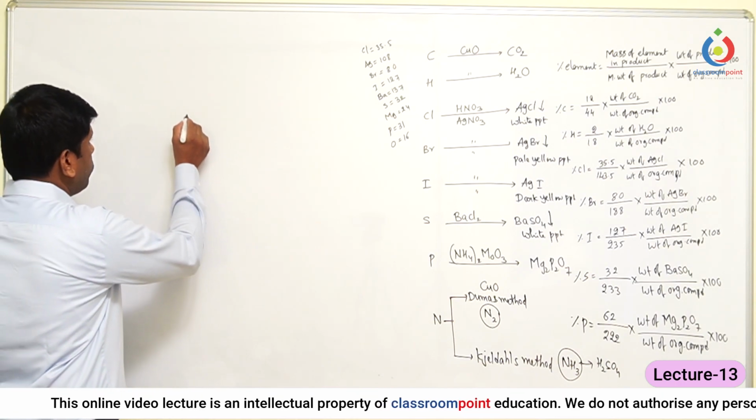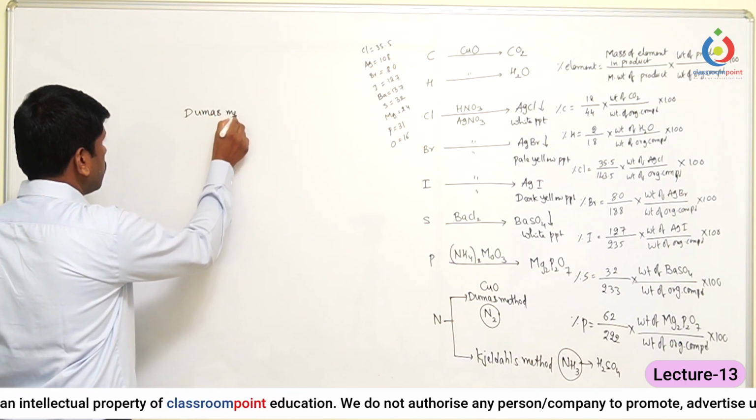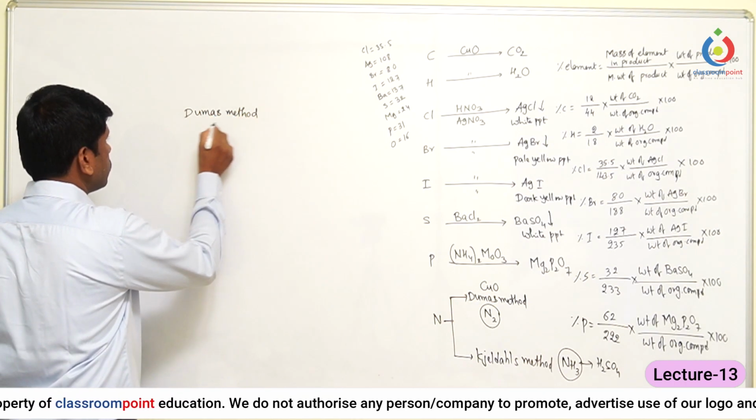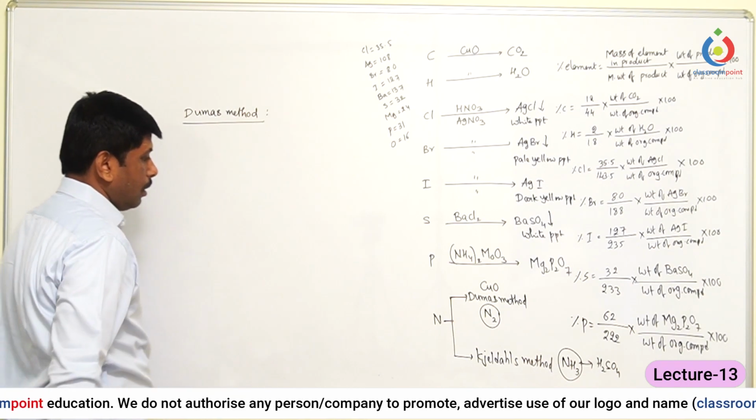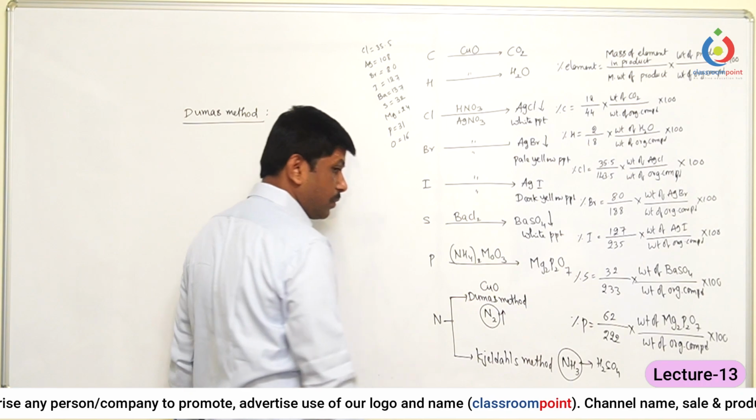So in case of Dumas method, nitrogen is converted to nitrogen gas. It is in gaseous form.